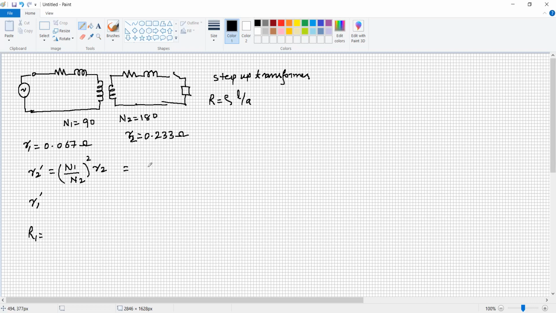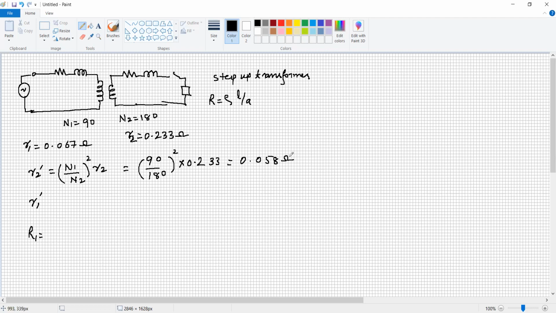So here it is equal to 90 divided by 180 bracket square into 0.233, which is equal to, so R2 dash is equal to 0.058 ohms.